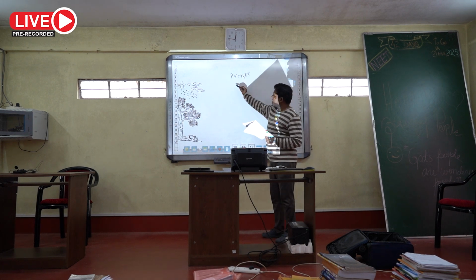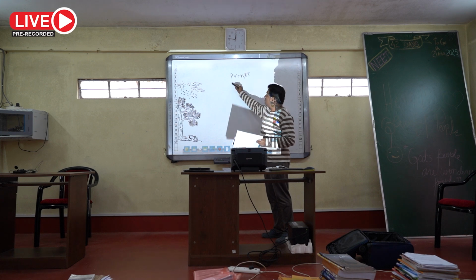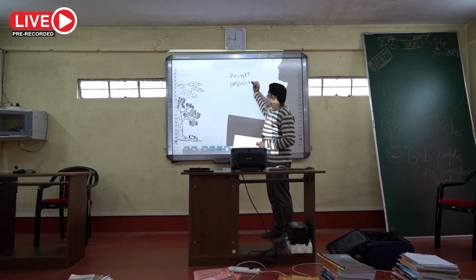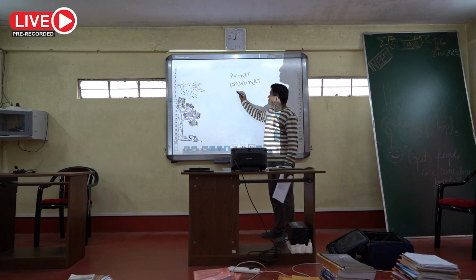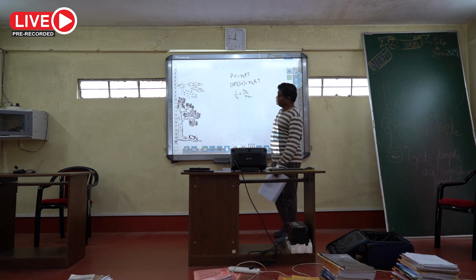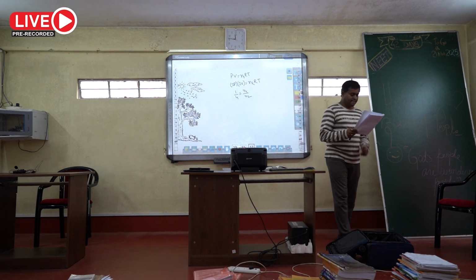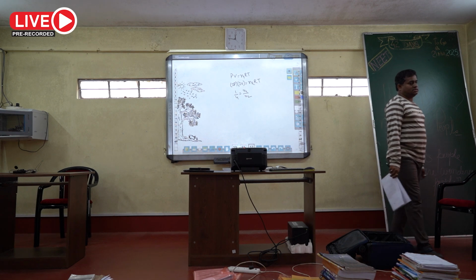For the second case, in place of P, it will be 2P, equal to n2 RT. So now take the ratio. So it will be 1 by 4 equal to n1 by n2. So option D is correct.